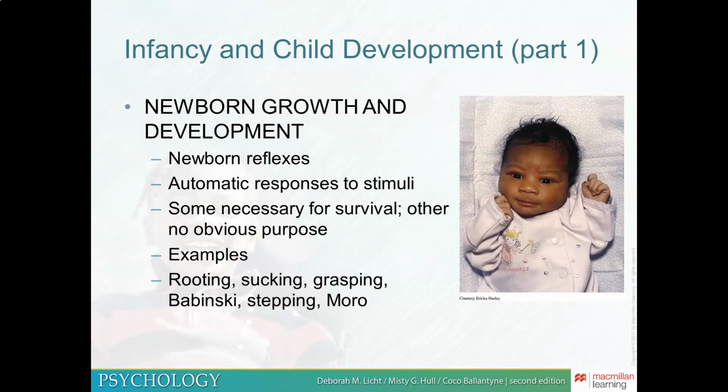Okay, so we're going to start looking at the phase of development that's newborn growth and development. At that phase, newborns are born with certain reflexes and have automatic responses to environmental stimuli.